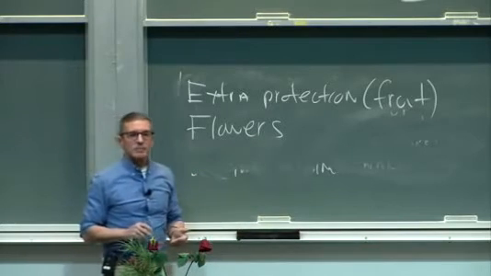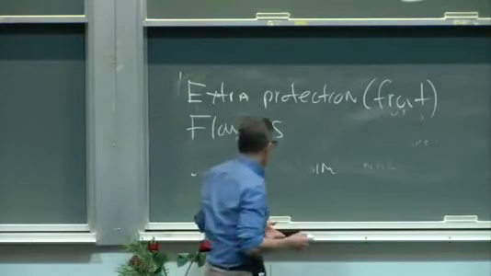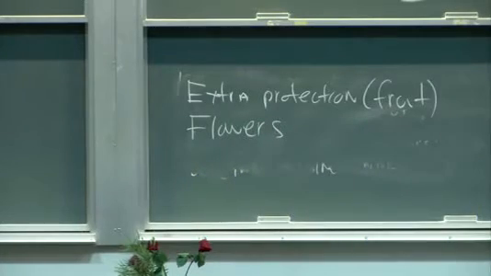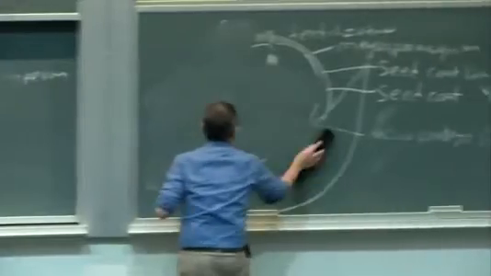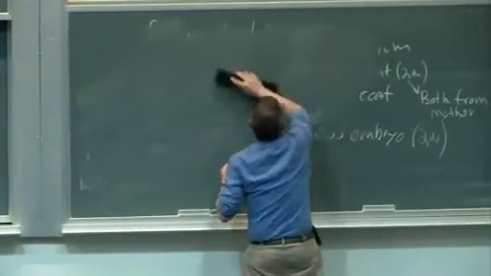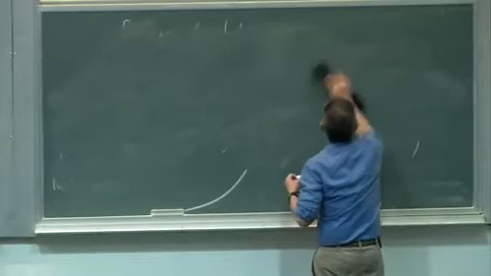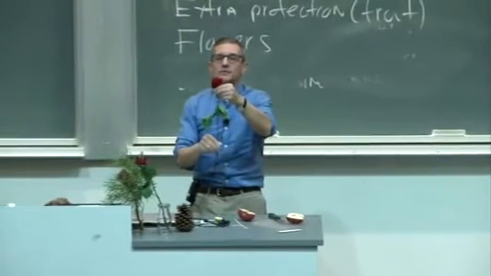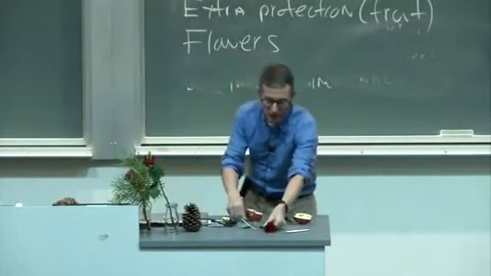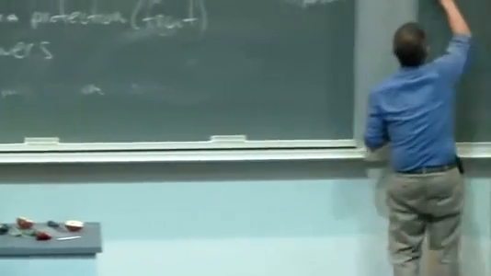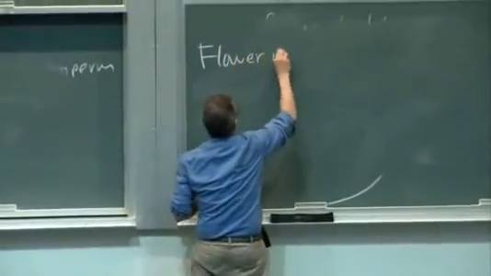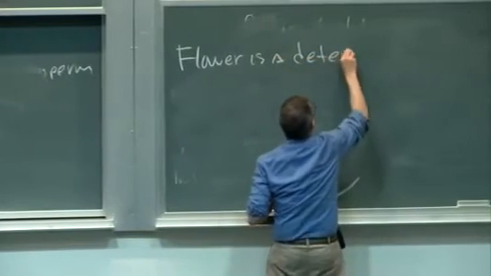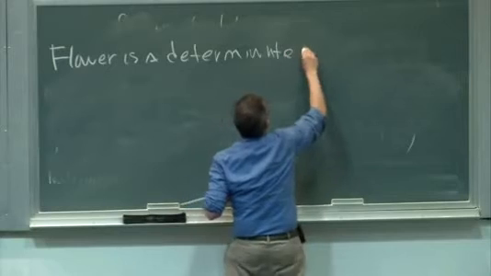And let's now spend some time talking about flowers, because they represent really the place where we can understand where the extra protection comes from. And unfortunately for us, although they looked good when we first got them, I have here a couple of very sad-looking flowers, which should have been upright like so, but for whatever reason were wilted. Now, let's first of all define what a flower is, and then we're going to look at the flower a little more closely. What we can say is that the flower is a determinate, and I'll define that, axis.